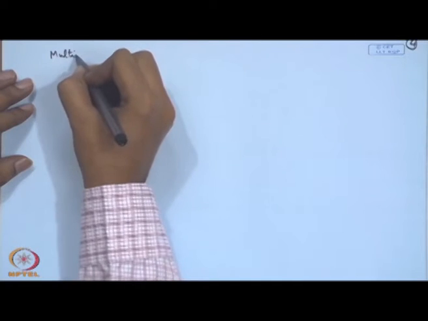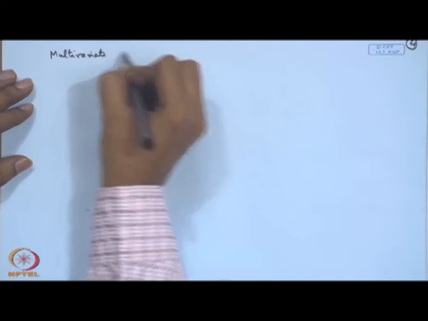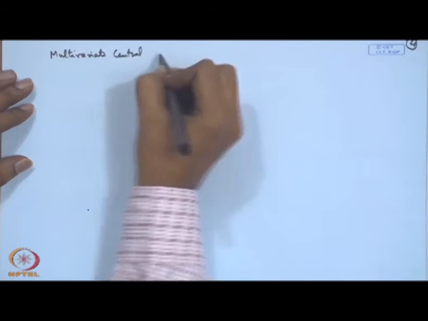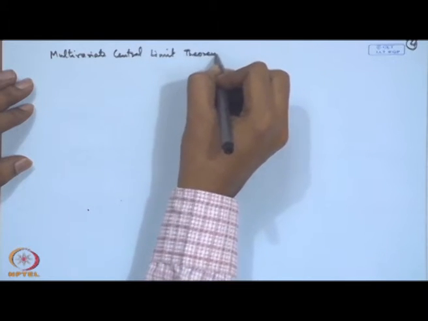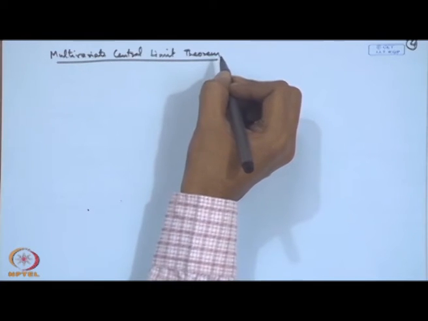Now, a similar result holds for the multivariate data also. So, we can call it a multivariate central limit theorem. So, that is one reason why the methods for the multivariate normal distributions are widely applicable.